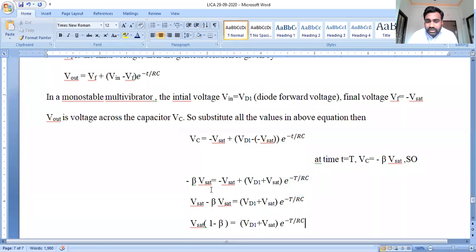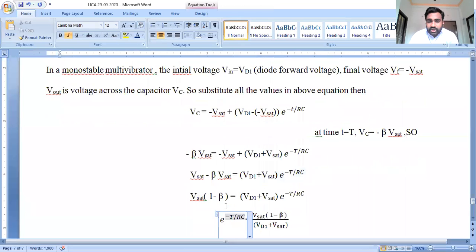So if we take the LHS with respect to the saturation values, that is V saturation minus beta into Vsat, that is equal to Vd1 plus Vsat into the exponential of minus t divided by RC. If we simplify further and take V saturation as a common factor on the LHS, that is V saturation into 1 minus beta, that is equal to Vd1 plus Vsat into e to the power of minus t divided by RC.